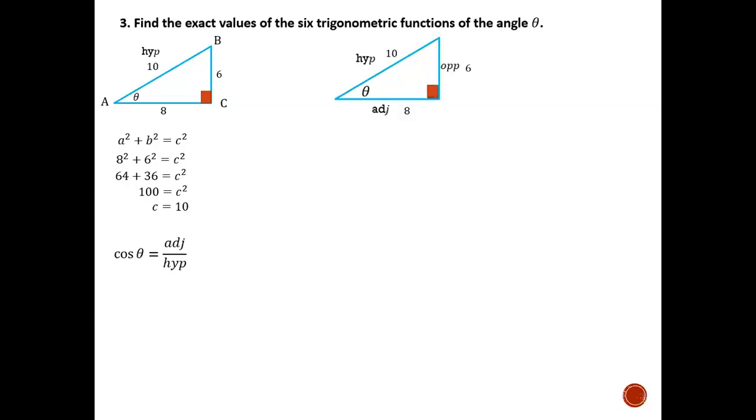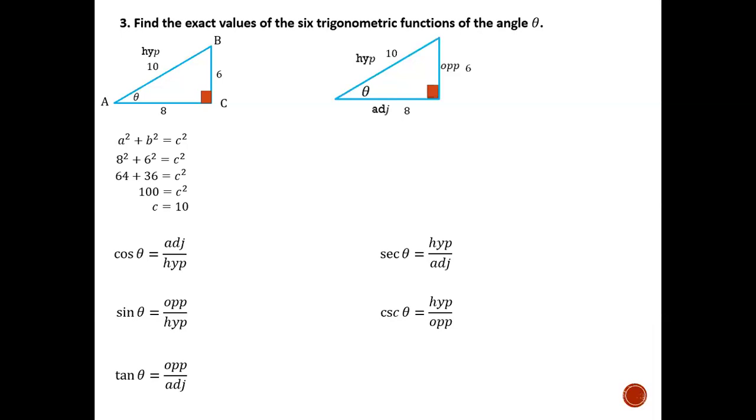Let's review some of our trigonometric functions. Cosine of theta is adjacent over hypotenuse. Sine of theta is opposite over hypotenuse. Tangent of theta is opposite over adjacent. And then we have our reciprocal trigonometric functions. The reciprocal of cosine theta is secant theta, which is hypotenuse over adjacent.